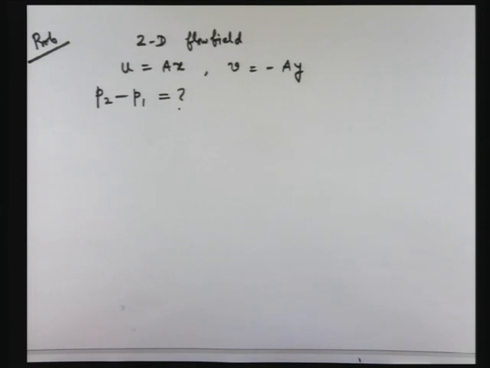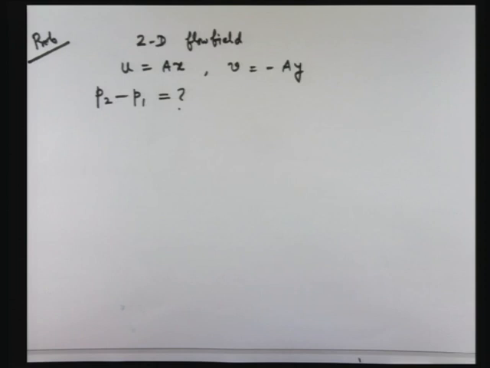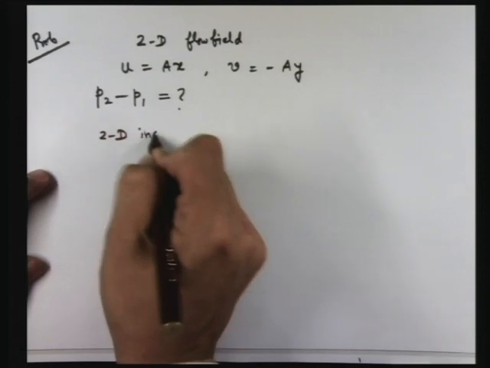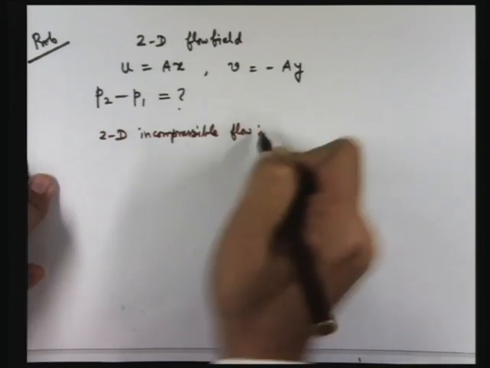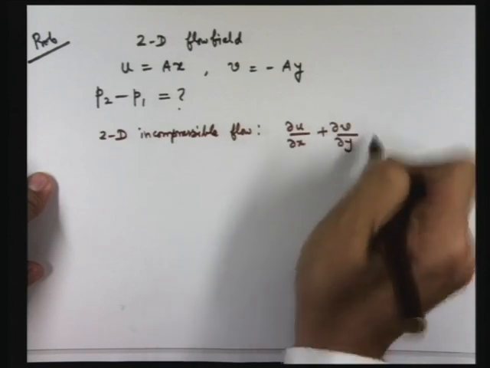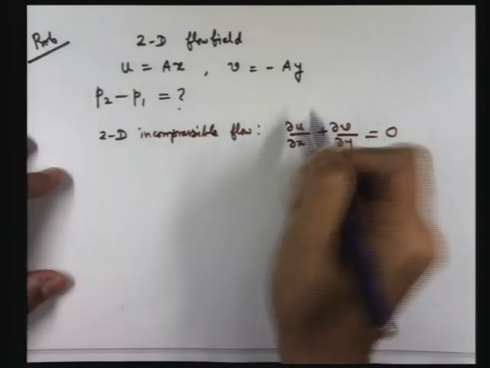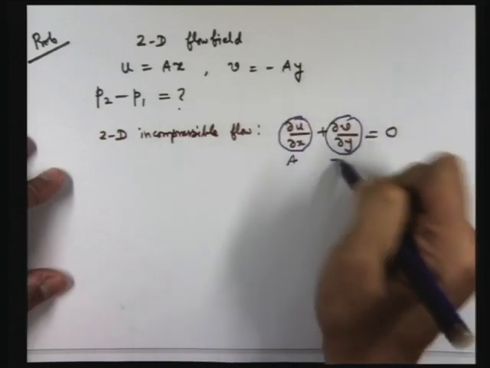We are given that rho is constant, so it must satisfy the incompressible form of the continuity equation, and because you have two components of velocity, you have two dimensional incompressible flow. So this is what we now must check. So you have u equal to ax, so del u del x is a, and v is equal to minus ay, so del v del y is minus a.